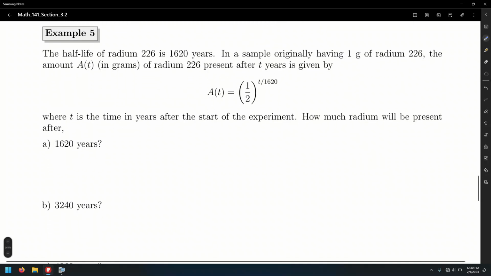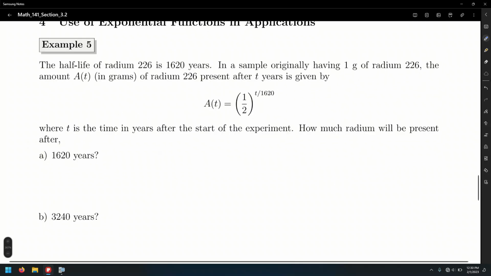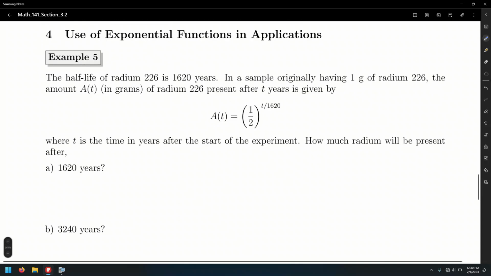And we have a simple model about half-life, which is a very common term in general chemistry, that's nuclear chemistry. They tell us about the half-life of radium-226, which is a particular isotope, and so you will have half of it after 1620 years.